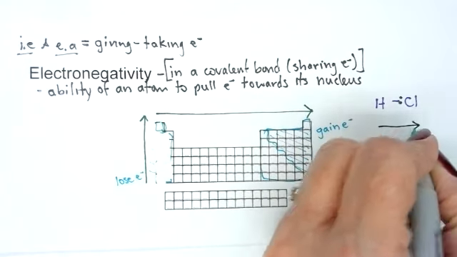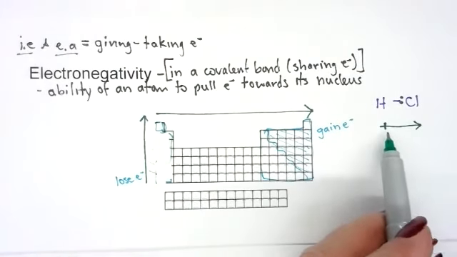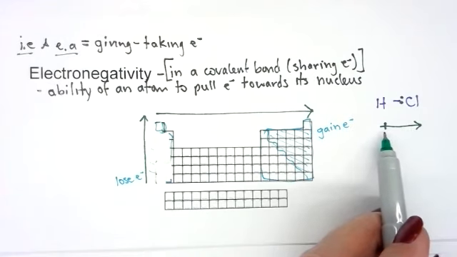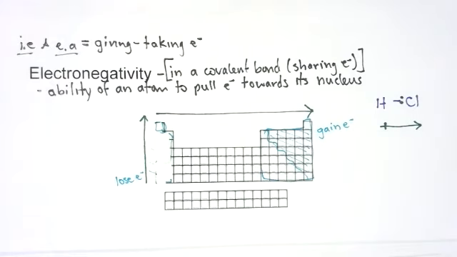We represent that with an arrow and a little positive sign at the end. We're sharing, but this guy has less and this guy has more, so we have a little bit of a negative sign here and a little bit of a positive sign here. It's not a full positive or full negative, but a partial.